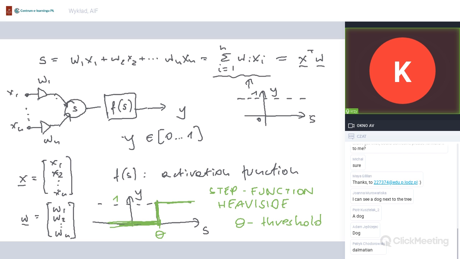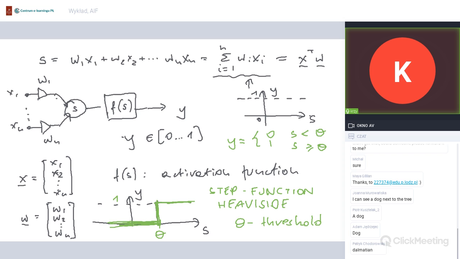If my threshold is not exceeded, my neuron says 0. So if we adopt this function, we get a binary neuron, a neuron which can have only one of two different output values: either 0, if my activation is below my threshold, or 1, if it is greater or equal to my threshold.